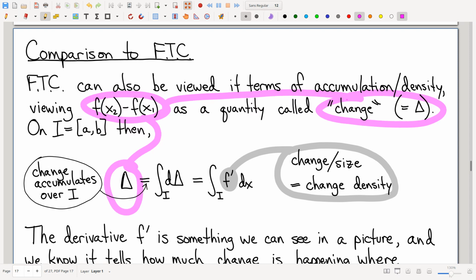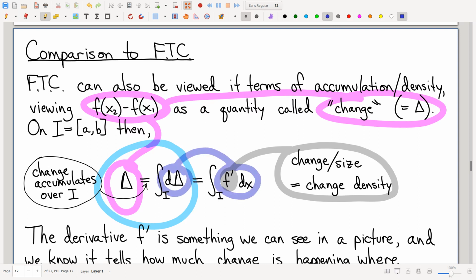I mean, the sum of the individual changes is the total change. You can say it in various different ways, but it literally is an accumulating quantity. So once you make that realization, that change is an accumulating quantity, you write this down, and then you can also talk about the corresponding density, stuff being stuff per unit size times size.